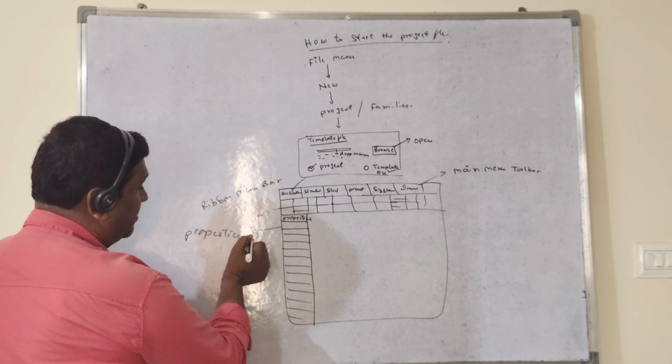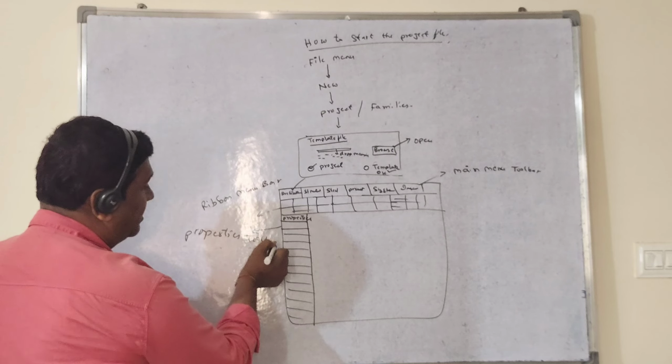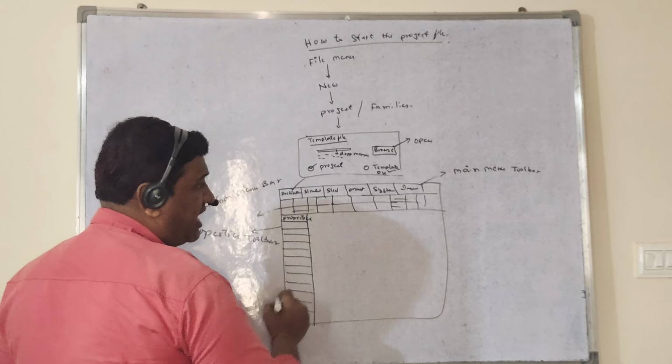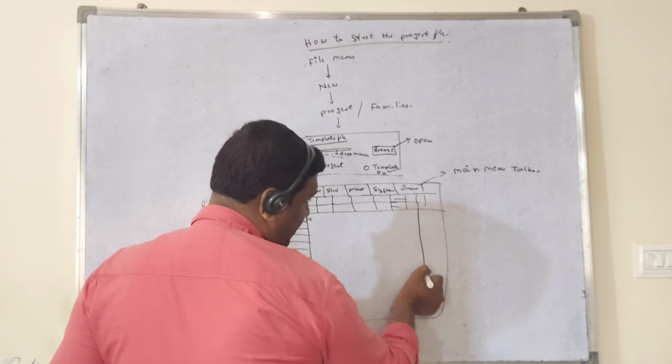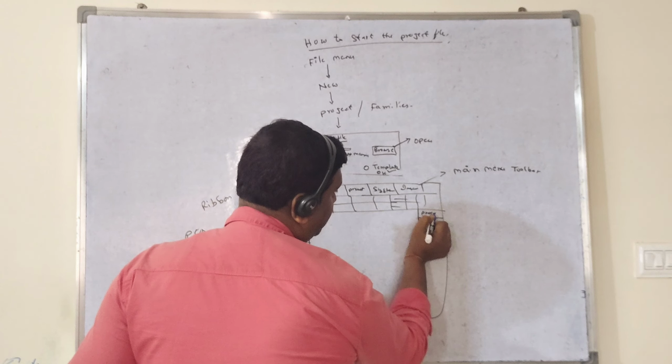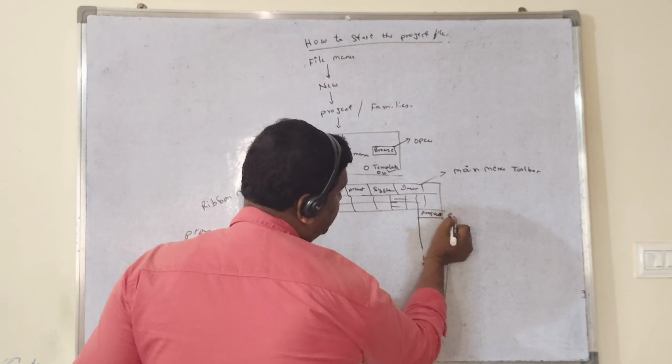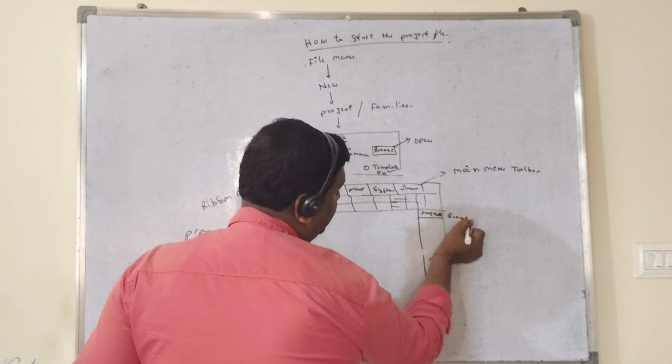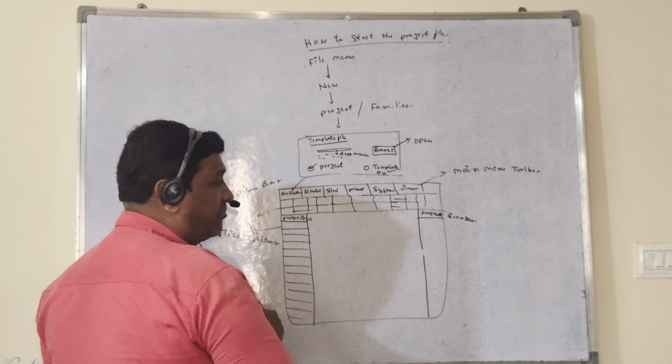This will be visible on the left side of the screen. And one more toolbar will appear here. This is the project browser. You have to browse the project, because right now you are working in a project.